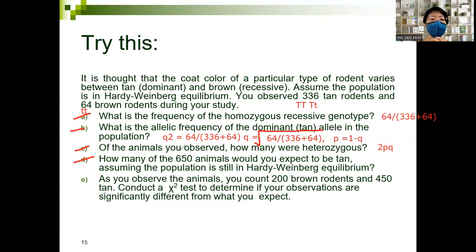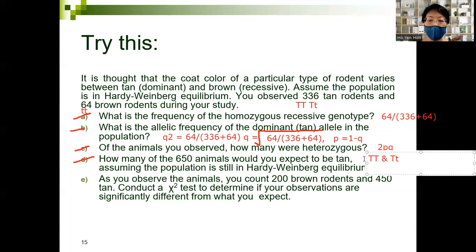So in another generation where population size is 650, how many of them do you expect to be tan? That means TT and Tt, right? So that means p squared plus 2pq is the answer, isn't it?